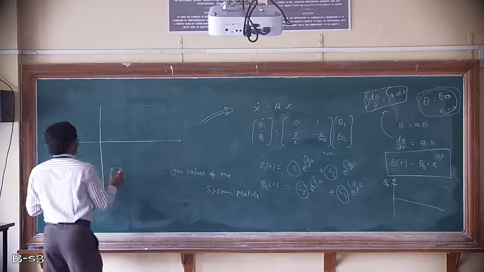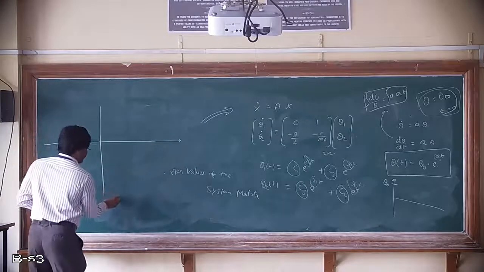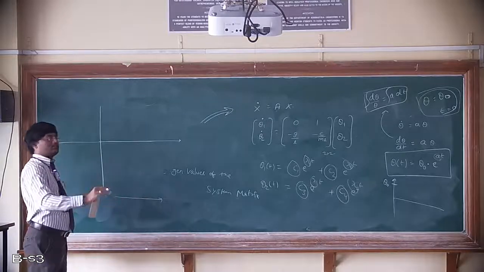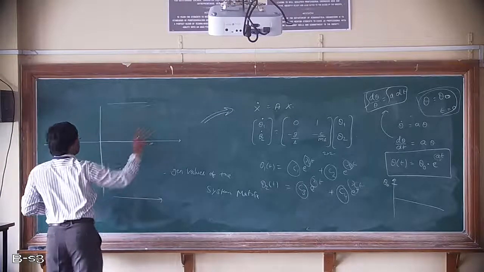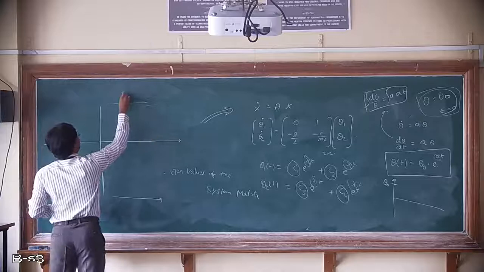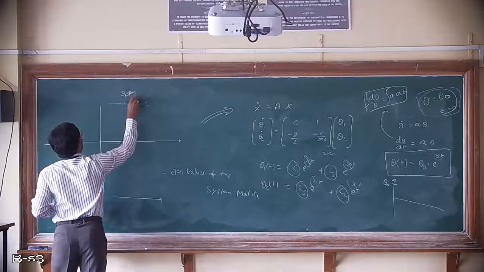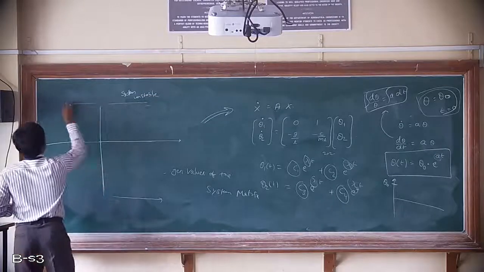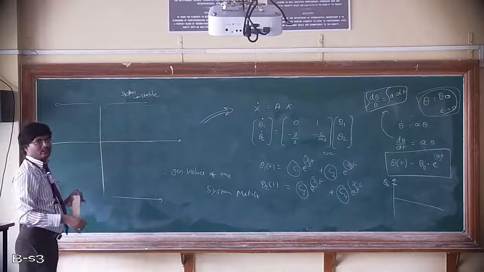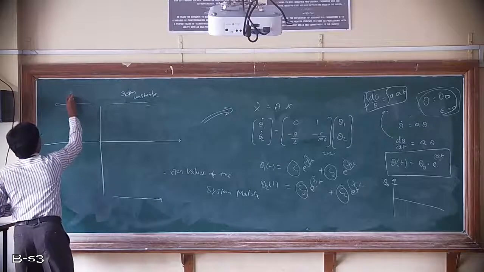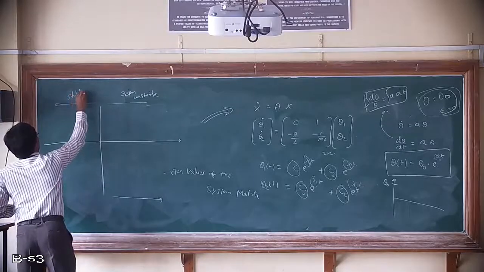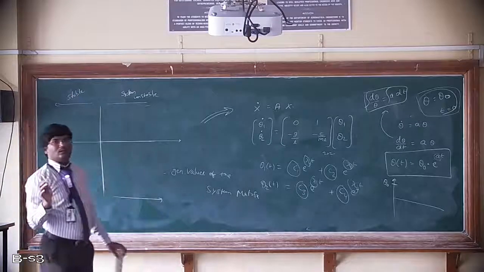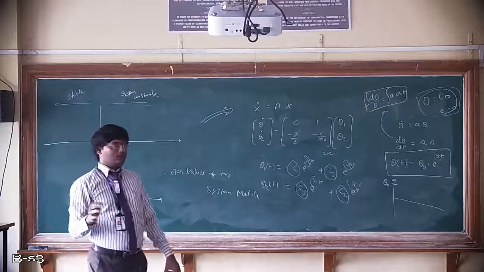If your eigenvalues are on this side, the positive real side, the system is unstable. If your eigenvalues are on this side, the negative side, then the system is stable. Are you getting? Yes, everyone?